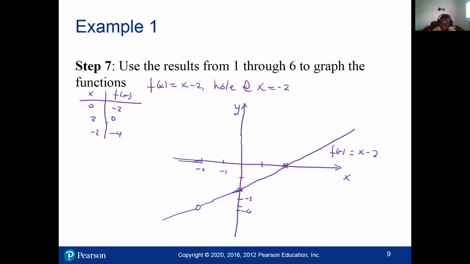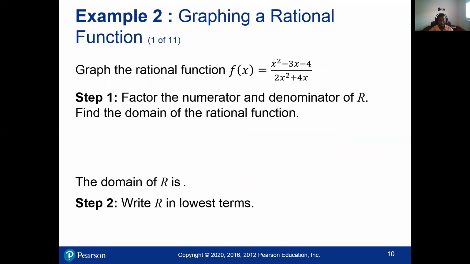All right. So this brings us to the first example. Let's go to the second. Graph the rational function f of x is equal to x squared minus 3x minus 4 divided by 2x squared plus 4x. Note that we use this example in section 4.3.